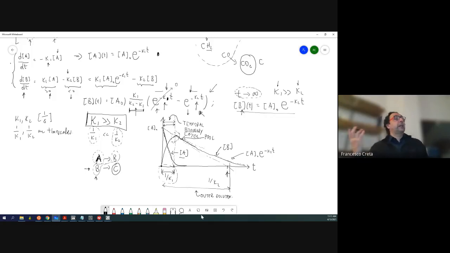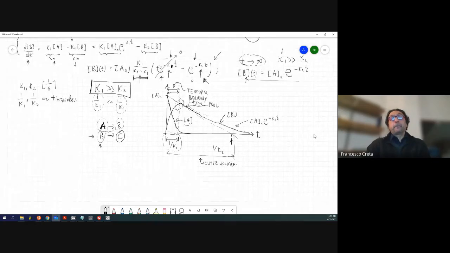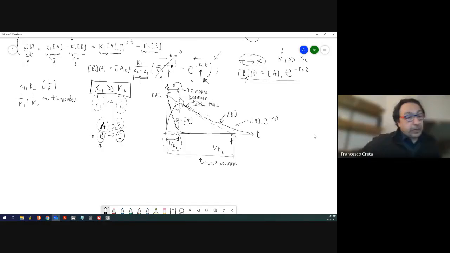So if you have, say, the slow timescale evolving on the order of 1 second, the very fast timescale related to the temporal boundary layer, the shortest timescale, will be 10 to the minus 7 or 10 to the minus 8, which is, by the way, a very big obstacle for numerical integration.